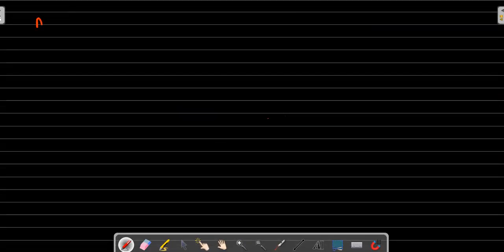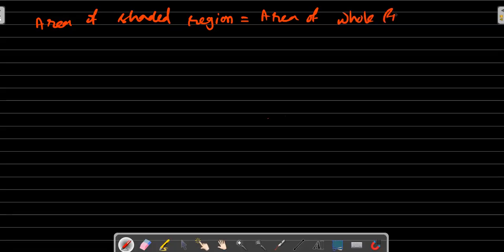We had area of shaded region is equal to area of whole figure minus area of the circle. So what was area of the whole figure?